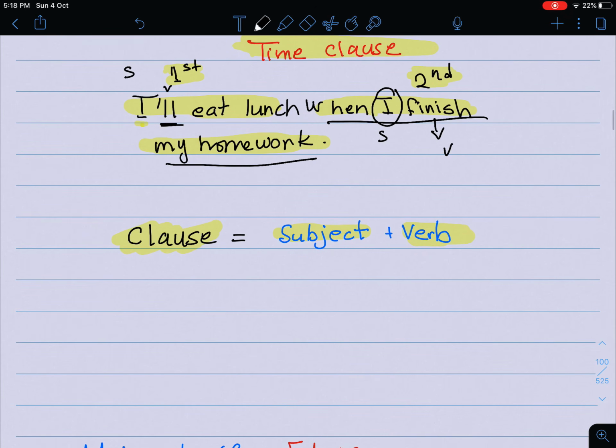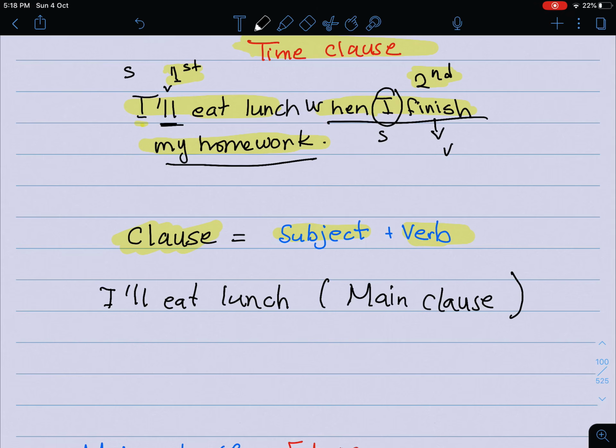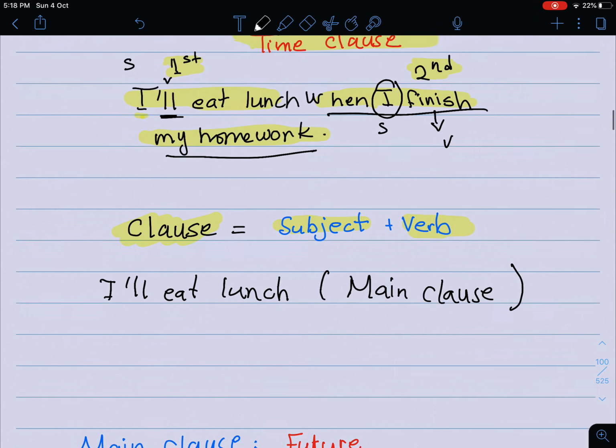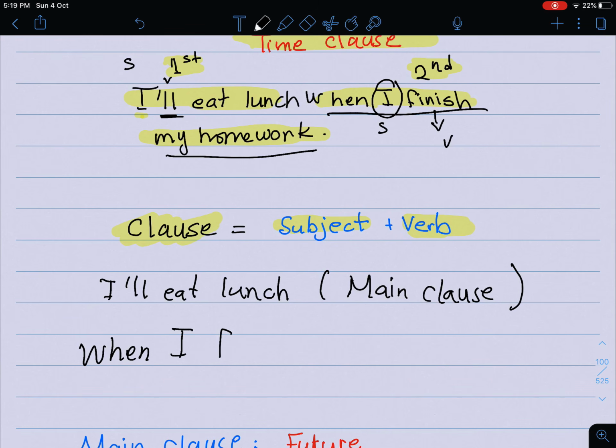I'll eat lunch is the main clause. Now the second one, when I finish my homework, is the time clause, which gives you the time information.